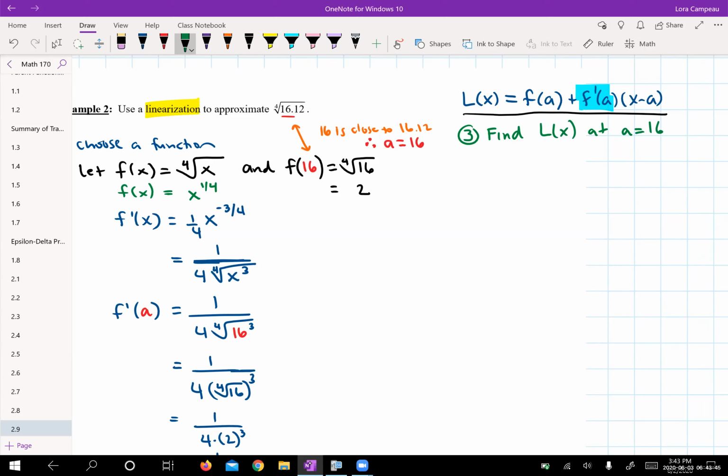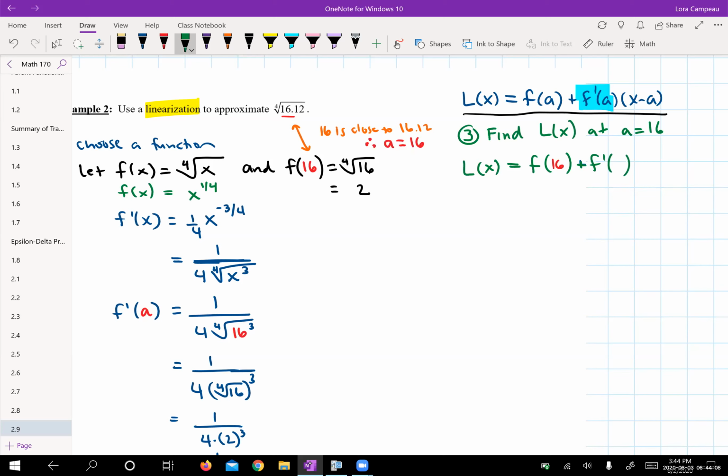So if that is the case, the linearization of x is equal to f of a, and again, a was 16, plus f prime of a.